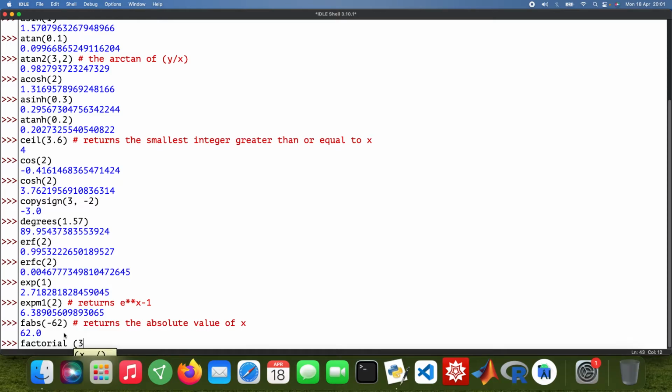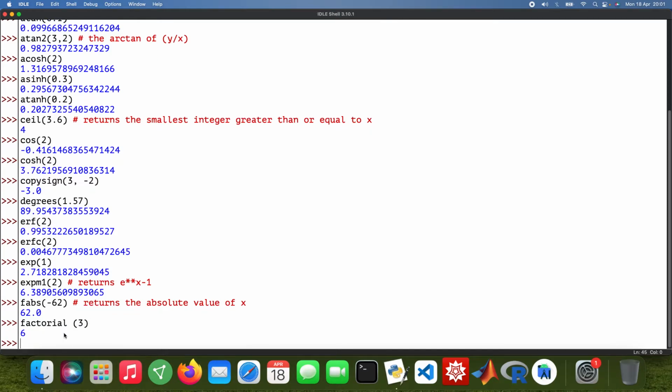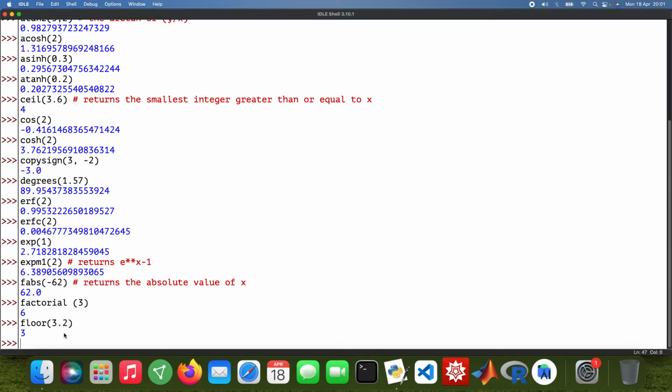Let me think of number 3. So 3 factorial is 3 times 2 times 1, so that's 6. And then floor. Think of a digit, 3.2, so that'll be 3. And then fmod.